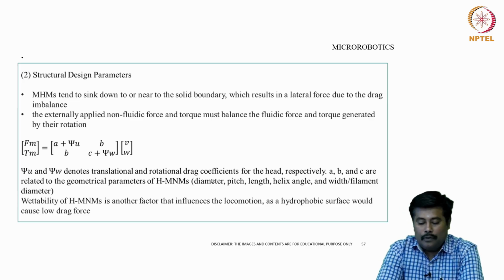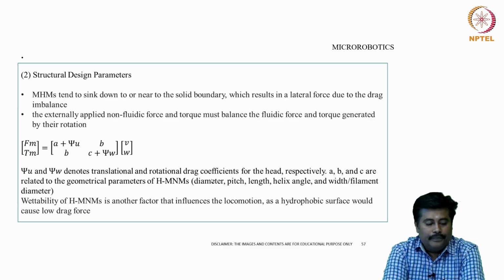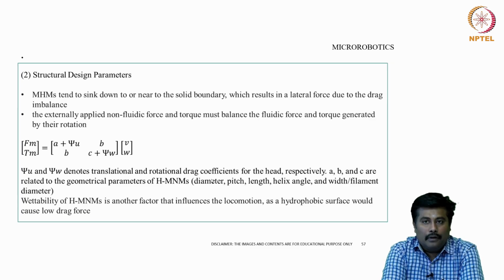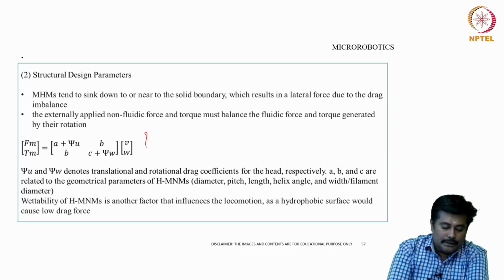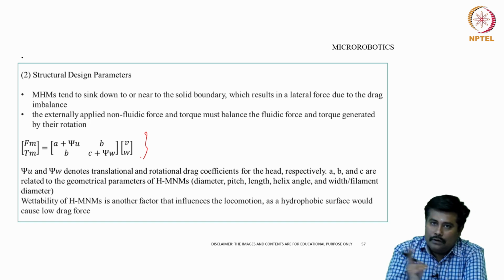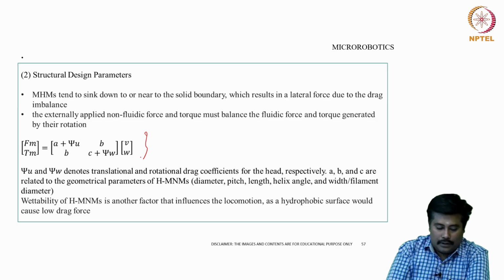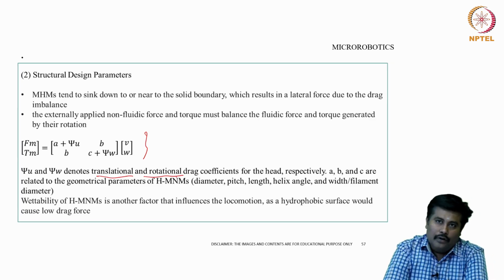near the solid boundary, which results in a lateral force due to the drag imbalance. The externally applied non-fluidic force and torque must balance the fluidic force and the torque generated by their rotation, represented by this equation, where two sets of motions are taken into consideration: one is translation and another is rotation.